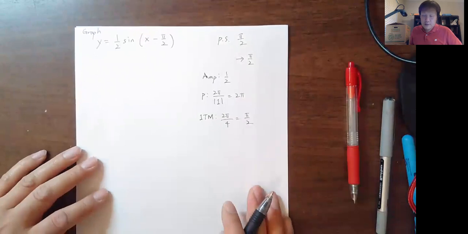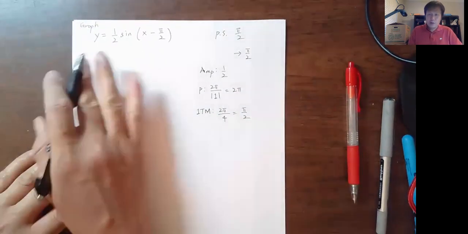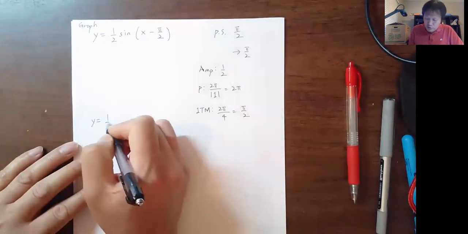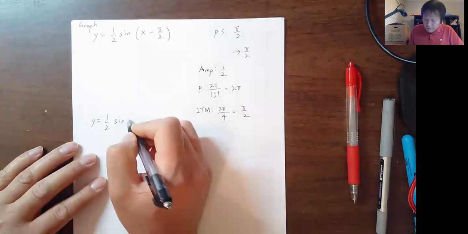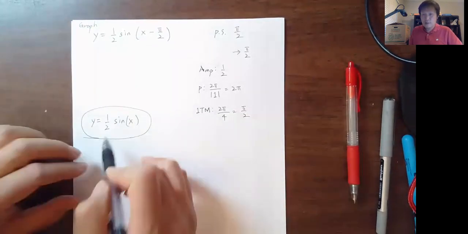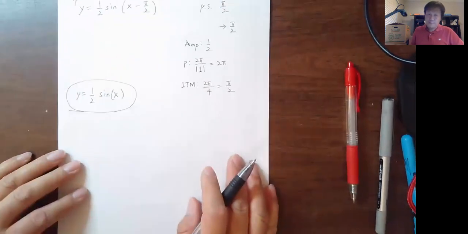How do we graph this? Again, when you try to graph a trigonometric function with a phase shift in it, I strongly recommend you start with the graph without the phase shift. So start with graphing this one, and you can apply the phase shift from there.